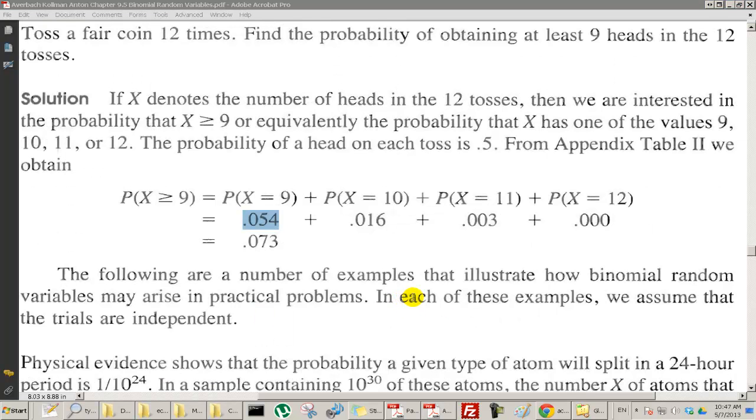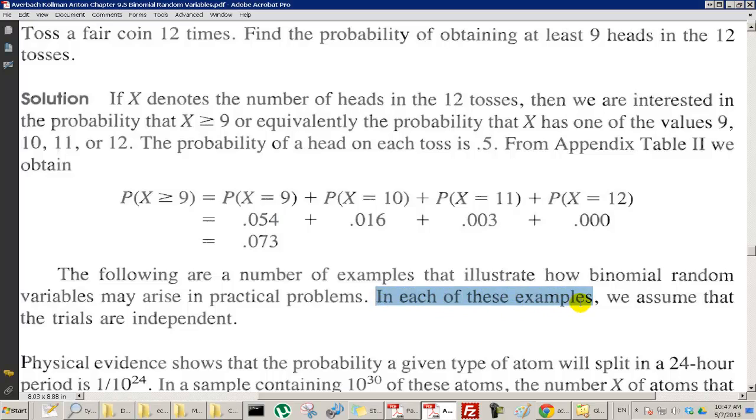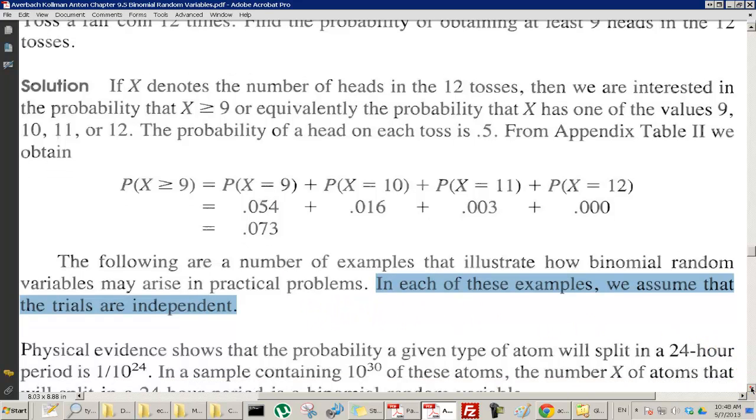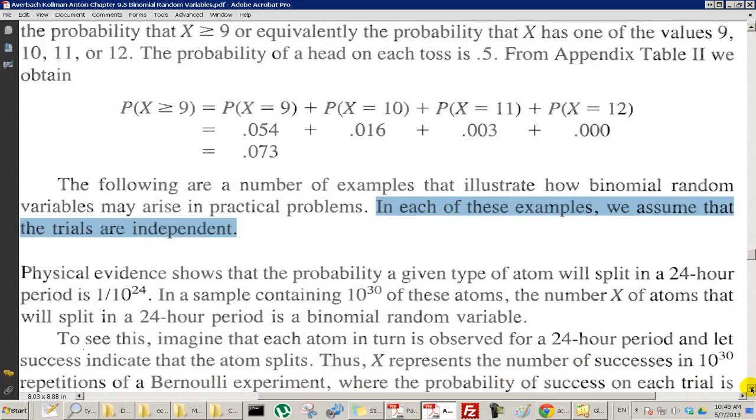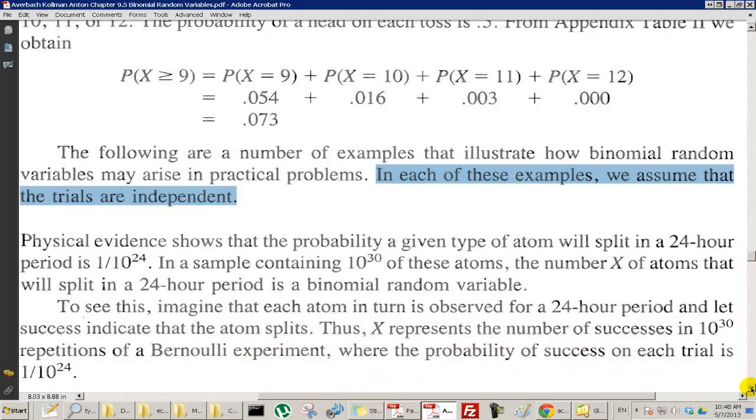Okay, now they go through all the examples that we mentioned earlier, and they give us one warning. In each of these examples, we assume that the trials are independent. So here's the one about the atom splitting, and they say, to see this as binomial, imagine that each atom in turn is observed for a 24-hour period, and let success indicate that the atom splits.